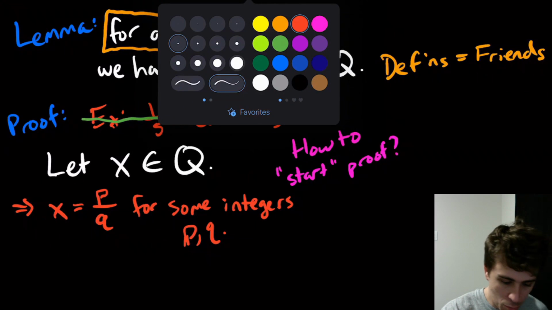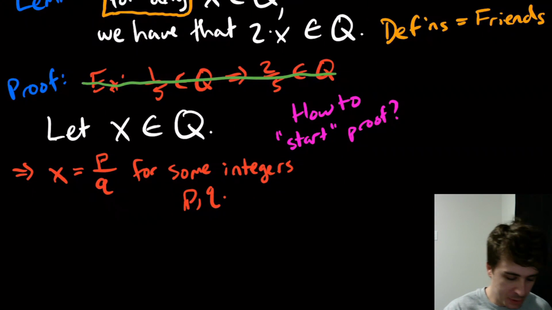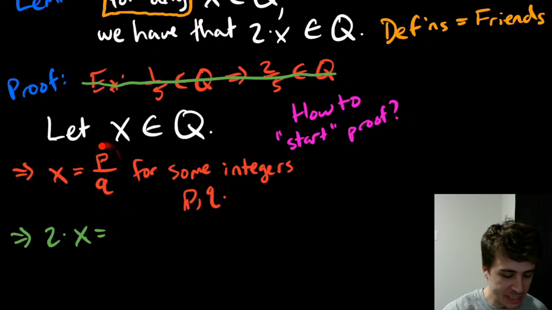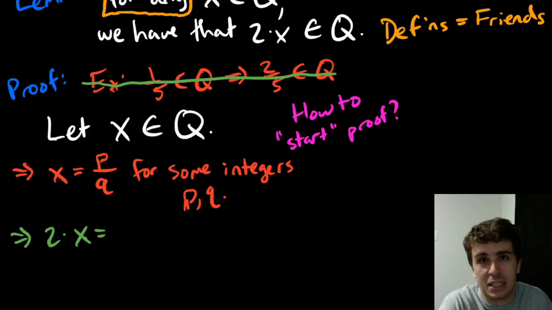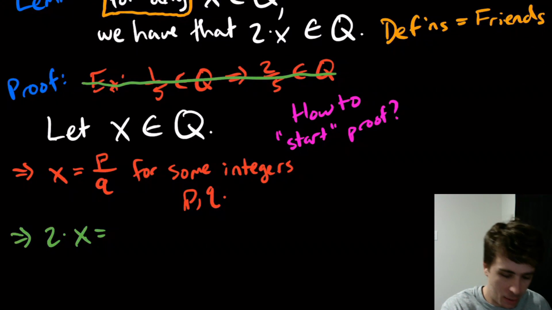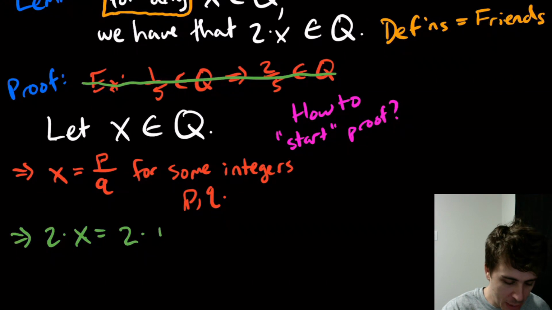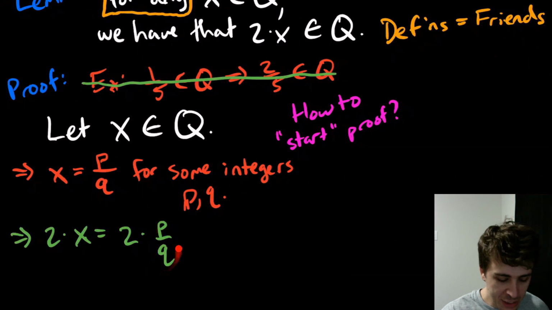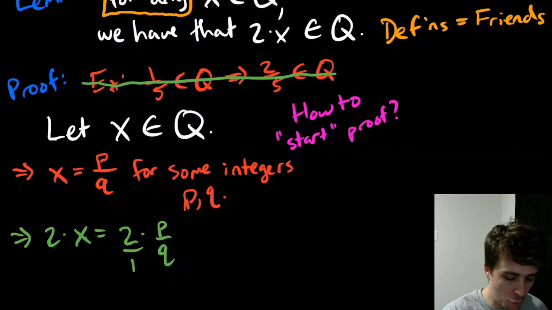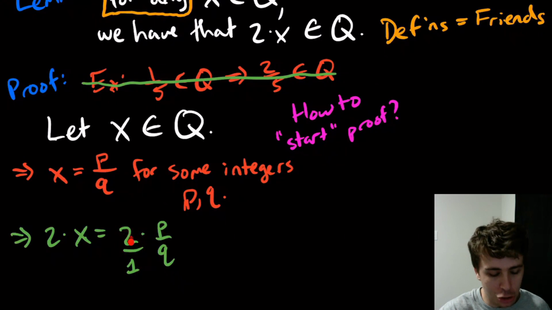So let's see, what is 2 times x? Well, 2 times x is equal to 2 times this thing, 2 times p over q, because that's what it's defined to be. So it's 2 times p over q. But what does this mean? This number 2 is just 2 over 1, the fraction 2 over 1.